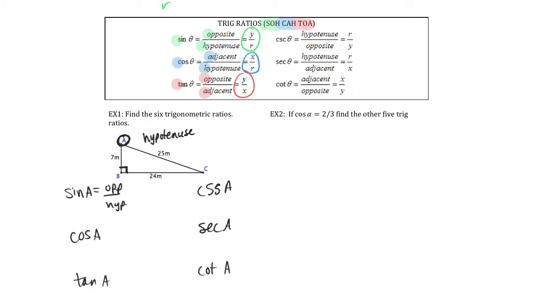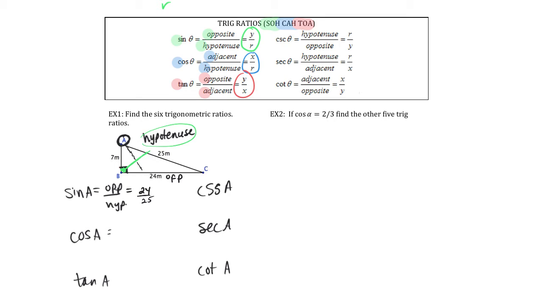The opposite would be the one that you have to walk through the triangle to get to. So it would be 24, and then the hypotenuse, that's always the one across from the right angle, so that is going to be 25.